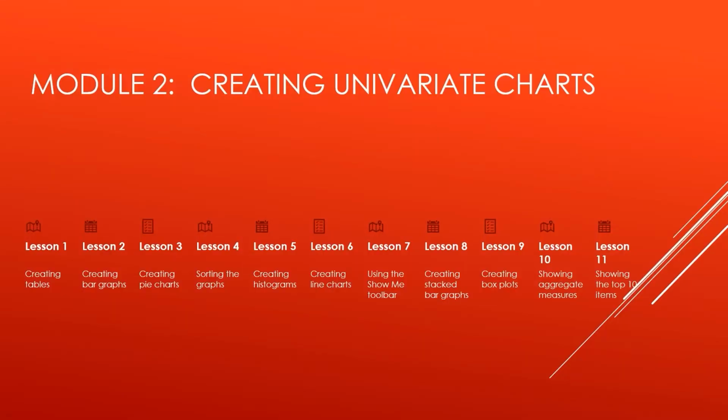This is the first of several modules where you got to create a bunch of different kinds of visualizations. We started with creating tables. And by the way, a table is a great companion visualization on a dashboard. So imagine having a map and then having an accompanying table, or a pie chart and an accompanying table.